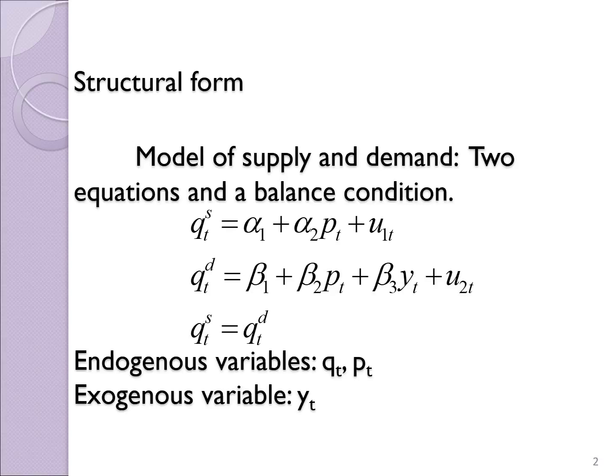Let me start with a very simple example, which is a model of supply and demand, and we have therefore two equations and a balance condition. The equations are a supply equation, Q super S sub t, that is equal to alpha 1 plus alpha 2 pt plus u1 t.